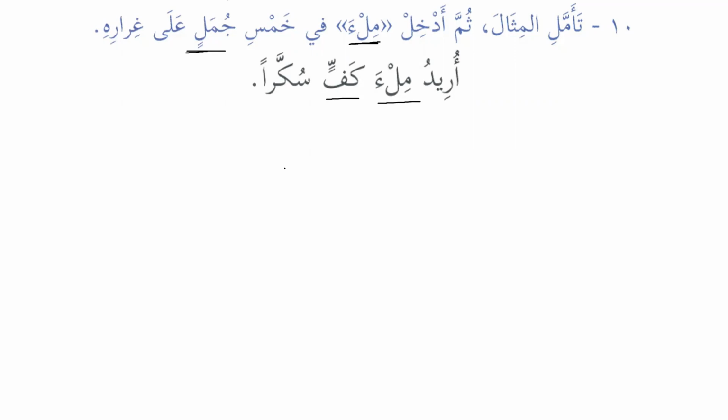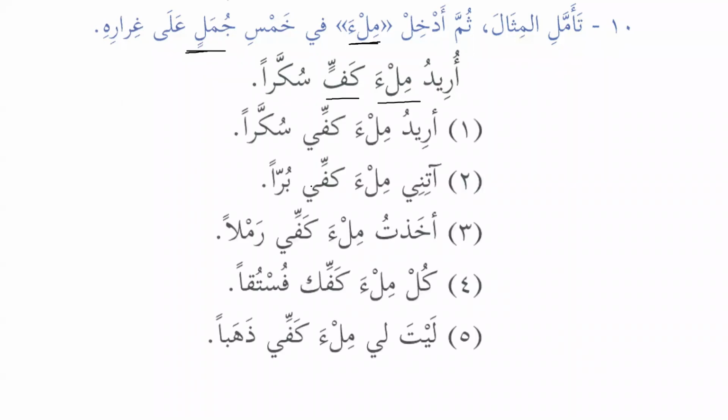So now we need to make 5 sentences based on the same pattern, and I have taken them from the answer key of the Sheikh that they have provided us. So we have here Uridu mil'a kaffi sukkaran. So it was mil'a kaffin, and we have changed it into mil'a kaffi, meaning my handful of sugar. I need a handful of sugar. Atini mil'a kaffi burran.